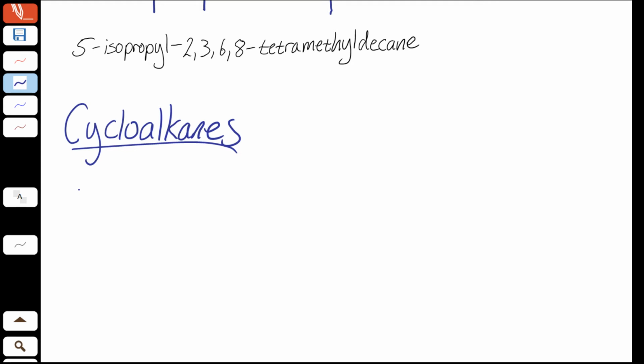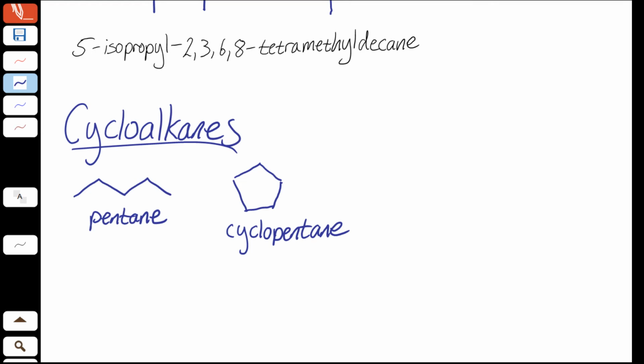So if this is pentane, then we could connect that around to itself, and this becomes cyclopentane. So it's simply named for the number of carbons in the ring with cyclo in front.